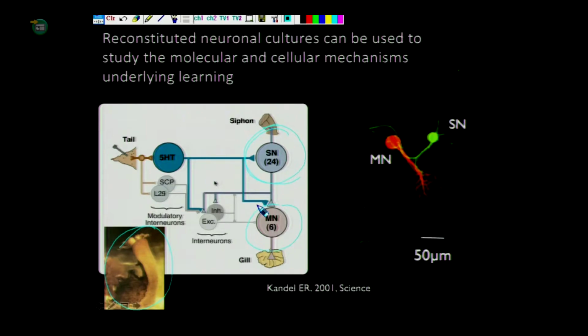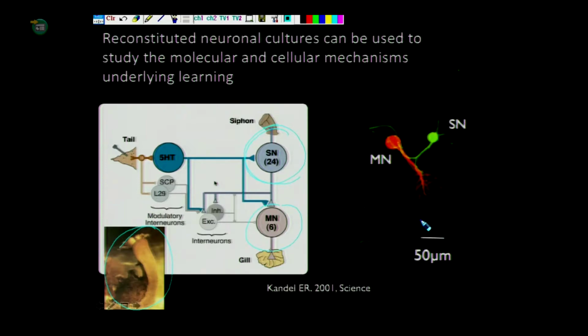So what we can do is take one sensory neuron and one motor neuron, very simple, two neurons, throw them into the culture dish, and they somehow recognize each other and make synapses from the sensory neuron to the motor neuron.